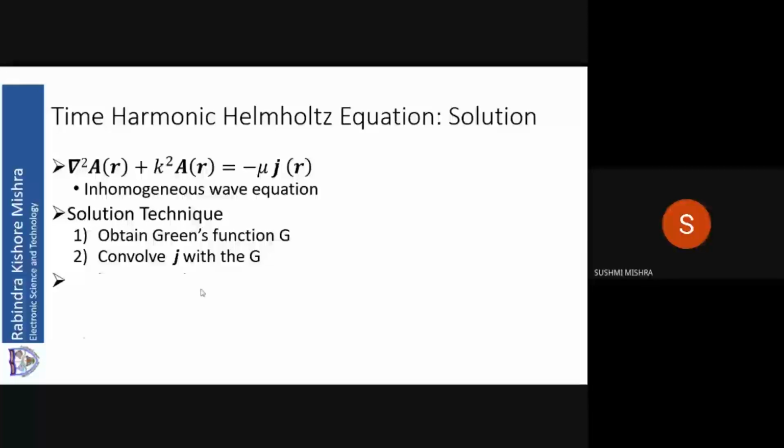Now in this case, what I am suggesting is, for the right hand side we are taking delta. What is an impulse? It is a delta function. So for the right hand side we are taking a delta.